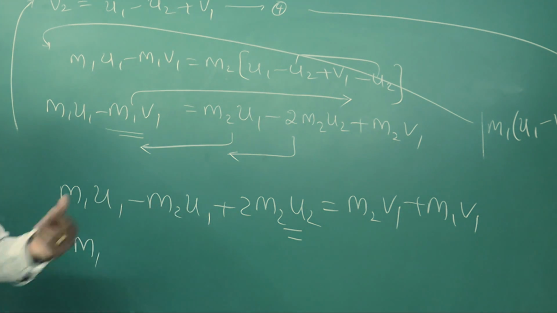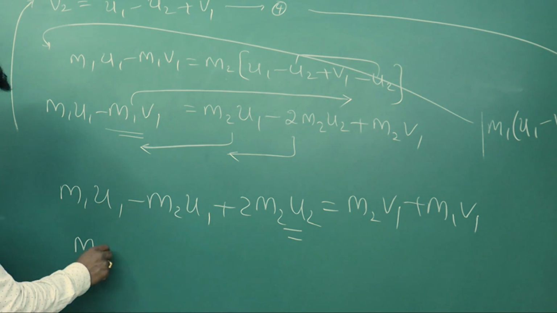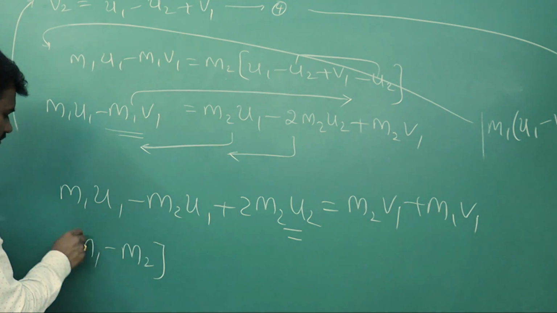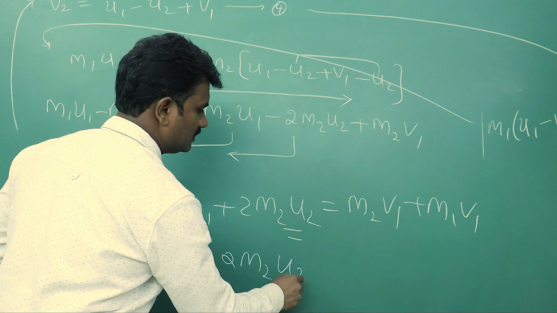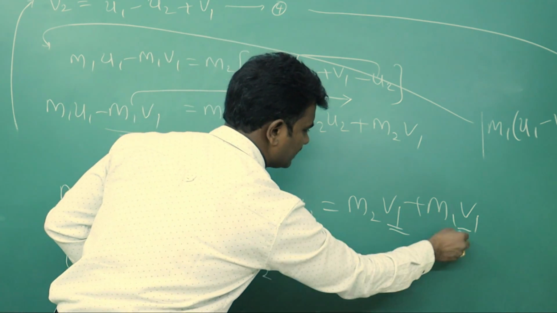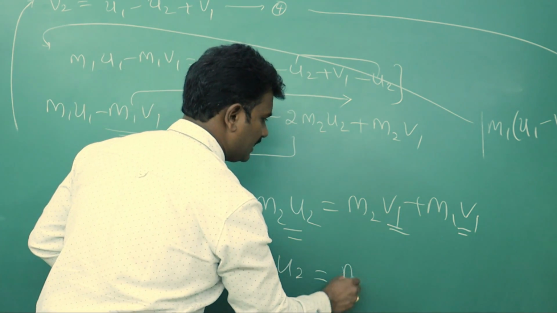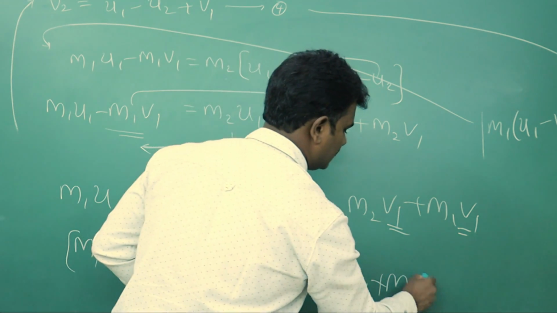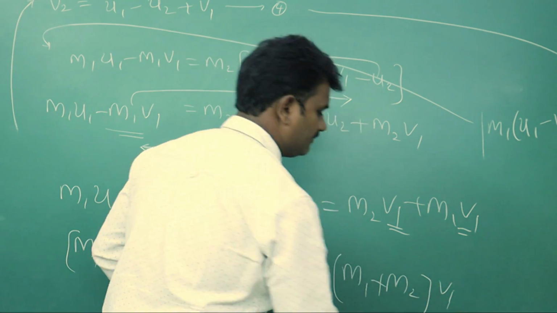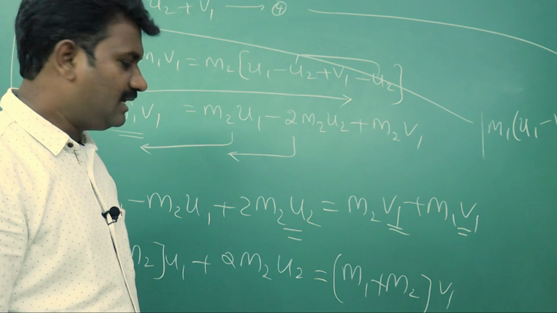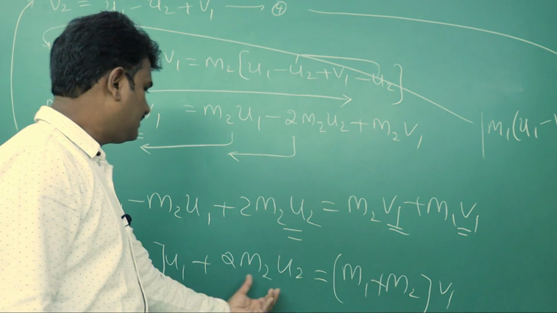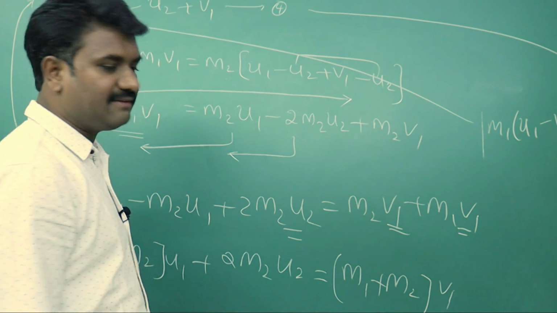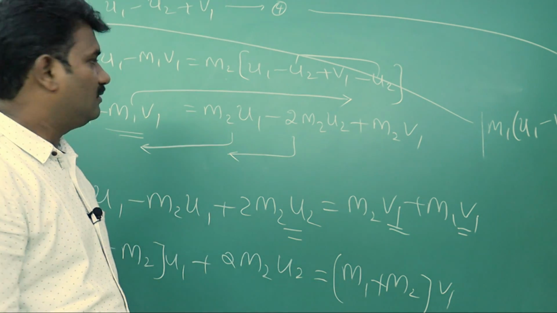Upon taking u1 as common, this is (m1 minus m2) into u1 plus 2 m2 u2 is equal to, upon taking v1 as common, (m1 plus m2) into v1. Now our aim is to find the v1 value. So to find v1, we can send this towards left, and then we can find the value of v1.